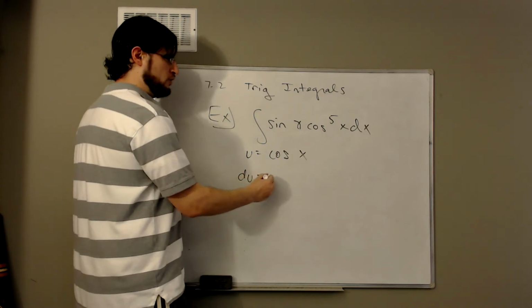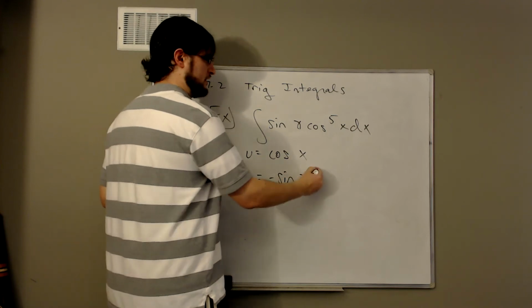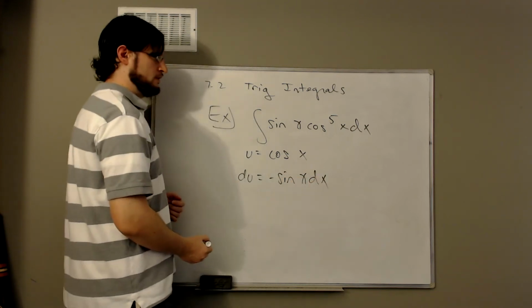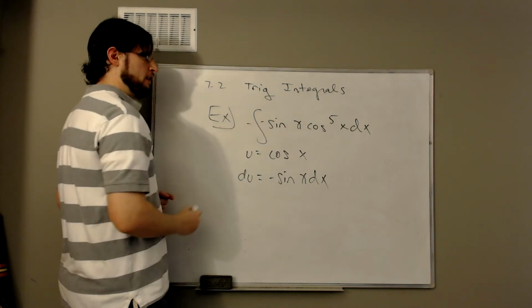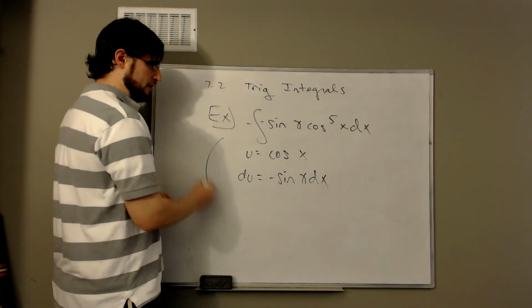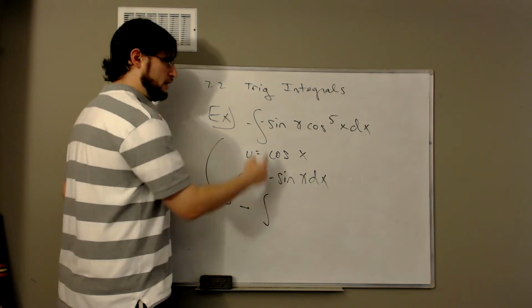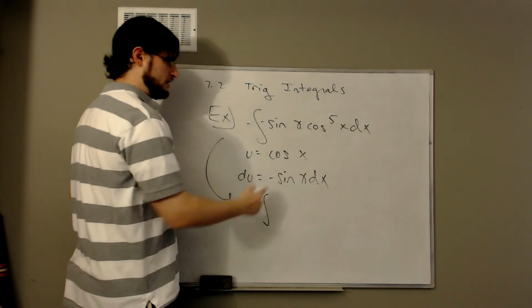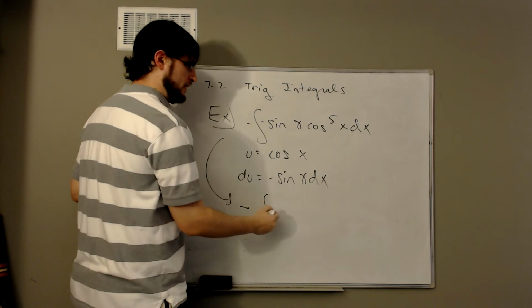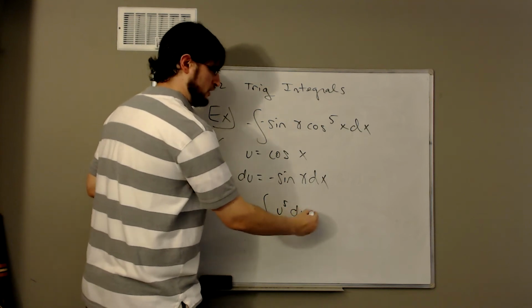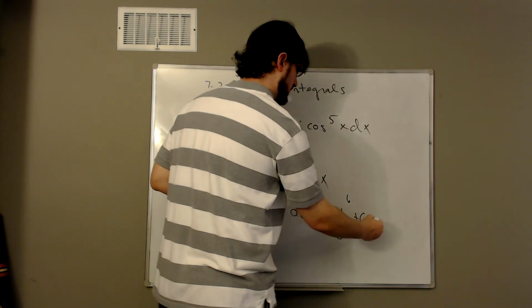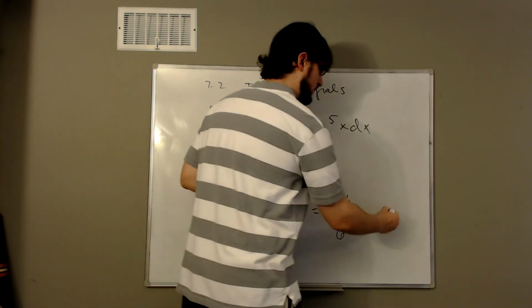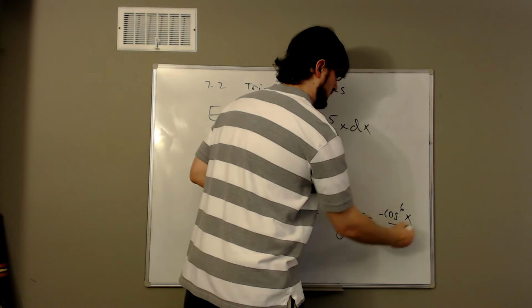So the du is negative sine x dx, which we see up here without the negative, so we put a negative in and take the negative out, and the integral becomes negative, sine x dx is du, cosine to the fifth is u to the fifth du. So that's minus u to the 6 over 6 plus c, which is negative cosine to the 6th x over 6 plus c.